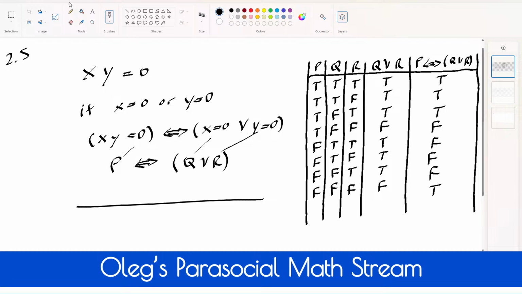So, in other words, not P or Q is equivalent to (not P) or Q. Okay? So that's how it works.